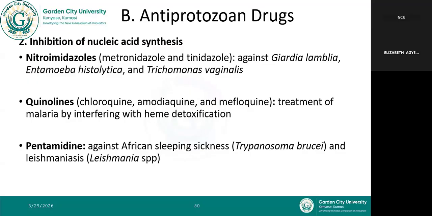Some of them, if you take them in the raw form, will not get to their target site. That's why they are formulated. Some of them in the raw form may be harmful, so they need to be formulated so that once they get to their target, they can achieve their purpose. So the packaged drug is the medicine.